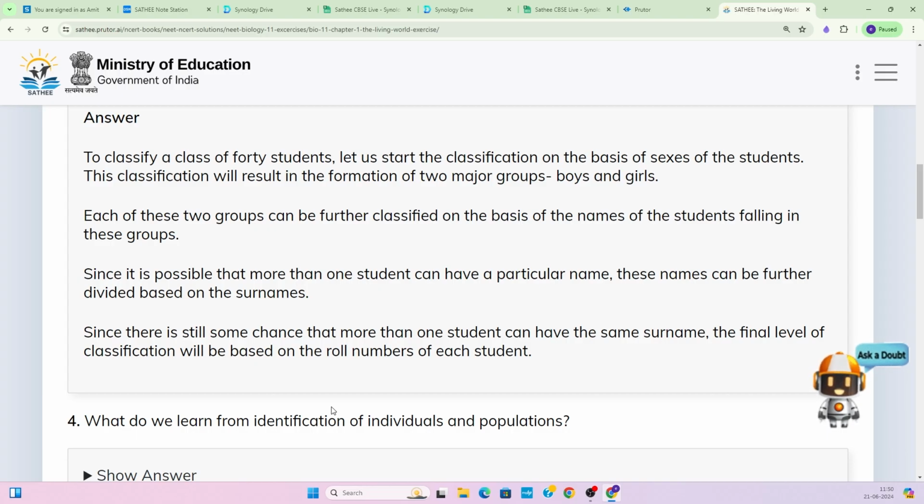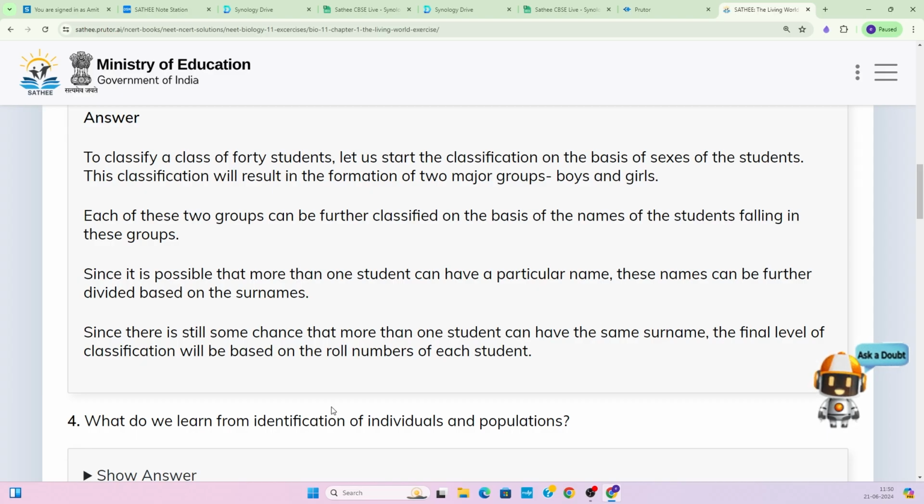Suppose there are three girls named Anita, or three boys named Amit, or four, because Amit is a very common name. So generally in the class, we have 3, 4 Amits in one particular class. So on the basis of the name of the student, you can classify.